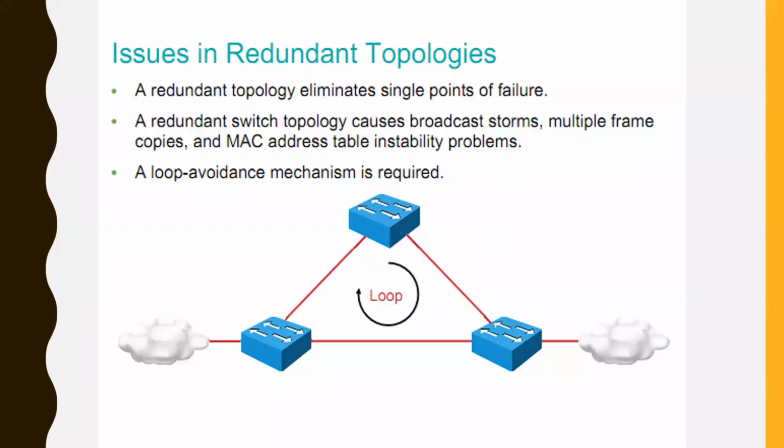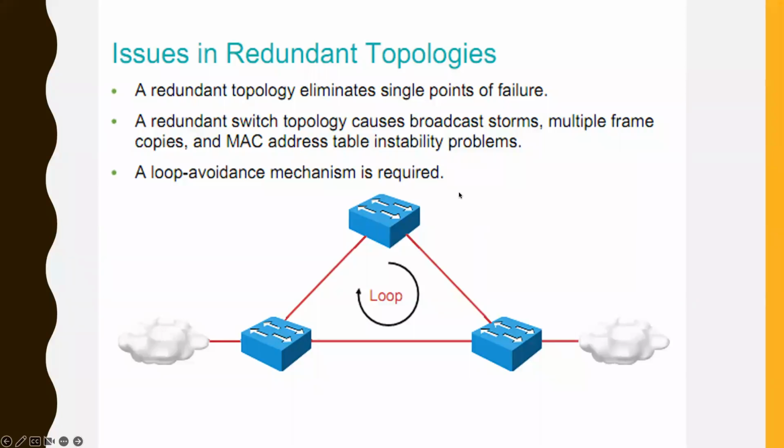That's why we need a mechanism to break this loop, or a tree kind of structure, so that the loop can be avoided. However, we need redundancy in our topology also. If one of the links goes down, we should have another path to carry the data which was traveling earlier on that path. So we need redundancy also, because redundancy eliminates the single point of failure.